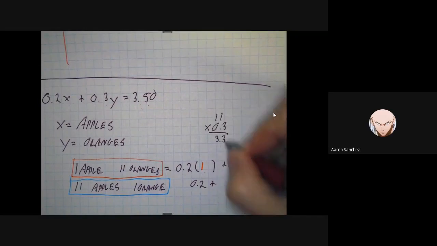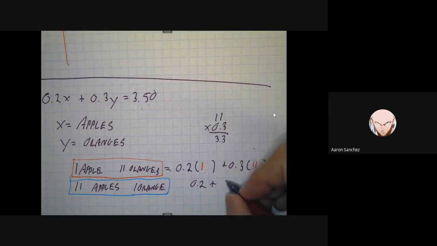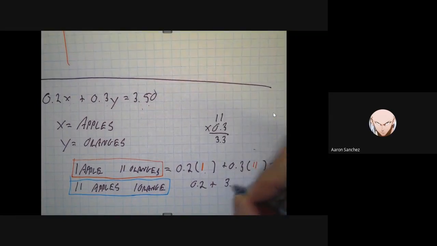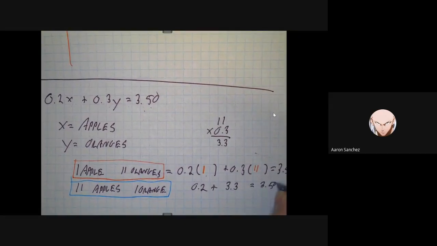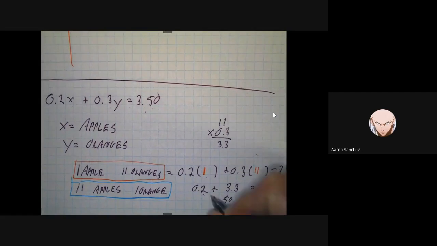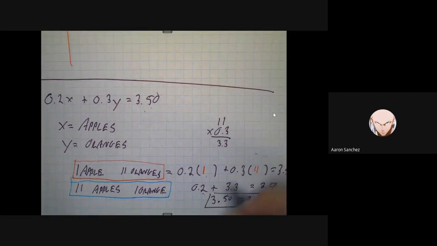It's $3.30. 3.3. Does that equal 350? Well, 0.2 plus 3.3 is 3.5. And so that works. So this one works, but they're asking for the one that does not work.